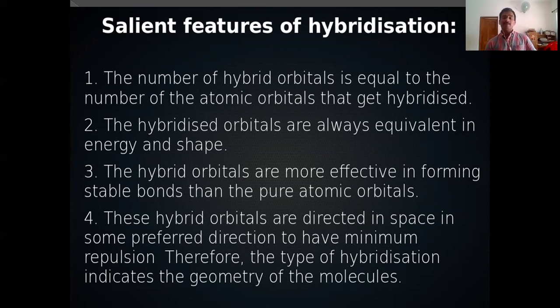These hybrid orbitals are directed in space in some preferred direction to have minimum repulsion. Therefore, the type of hybridization indicates the geometry of the molecule.